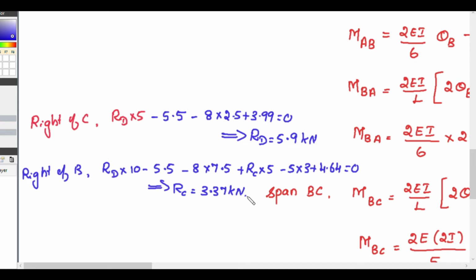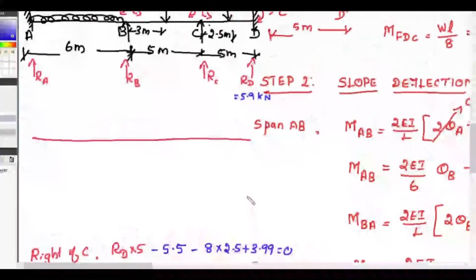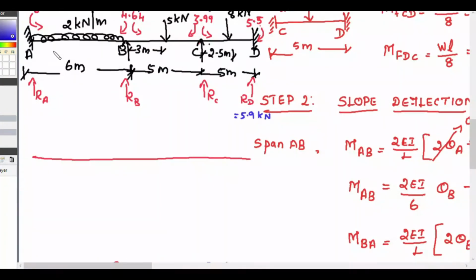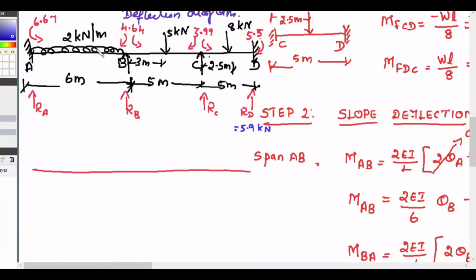Now we will consider the span to the left of B. That is easy to consider. Left of B. You can consider the right of A. You can consider the left of C. Anyway, it is your wish. It is your choice. Now I will consider the left of B. So when considering the left of B, left anti-clockwise is negative.